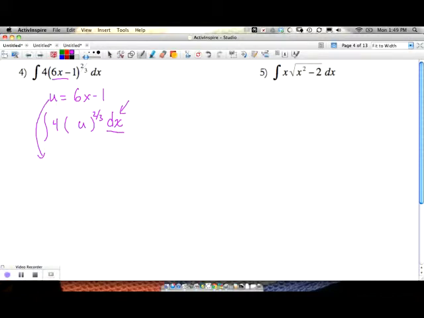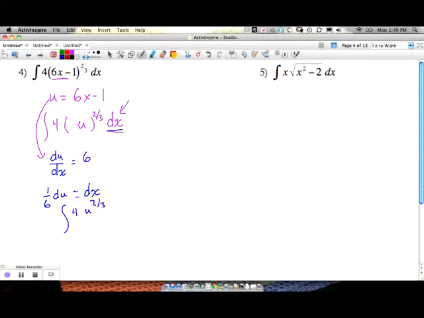So again, let's take the derivative and see what we get. We're going to have du dx is equal to 6, but I want it to just be dx. I just want it to be dx. So that's going to be 1/6 du. Okay, 1/6 du equals dx. So now when I'm taking my integral, I'm going to have a 4.